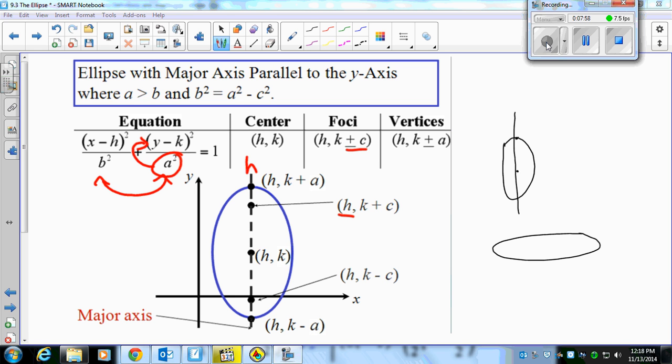If you're given an H, K and a focus that's left or right of it, then you know your major axis is horizontal, and you'd use the previous equation that was shown. Before we get into our examples, let's pause here and start video 2.